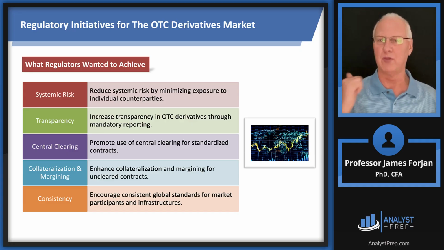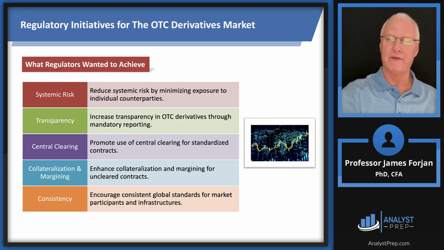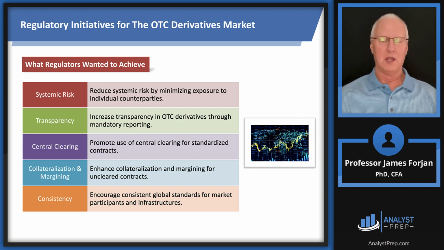Efficient regulation. So think about that. Efficient regulation would have a mitigating factor on systemic risk, increased transparency. Of course, this makes more of an emphasis on central clearing rather than bilateral clearing. There's collateral and there's consistency.